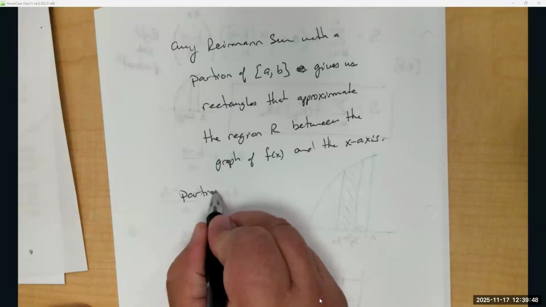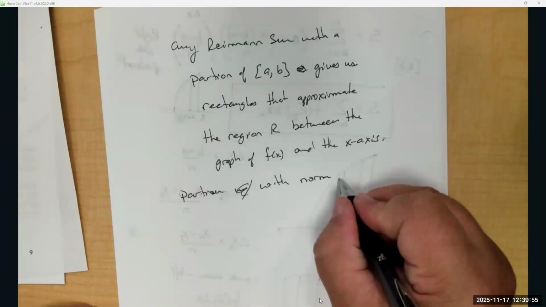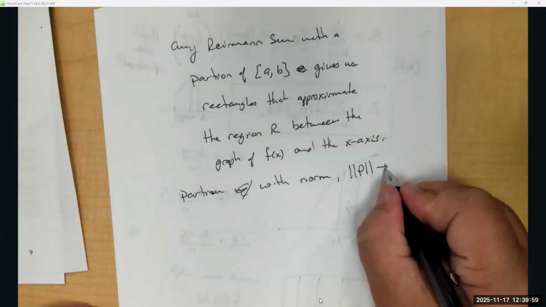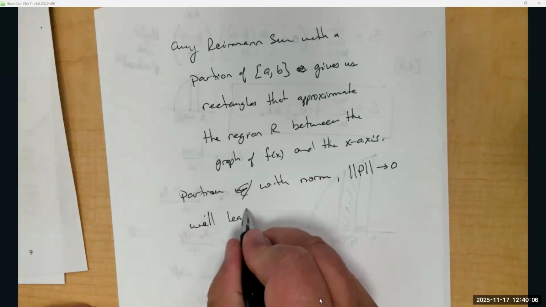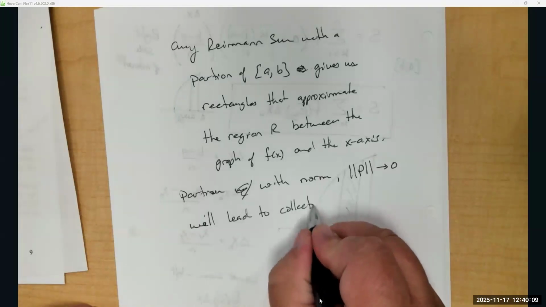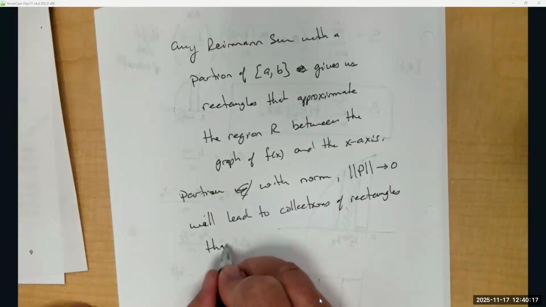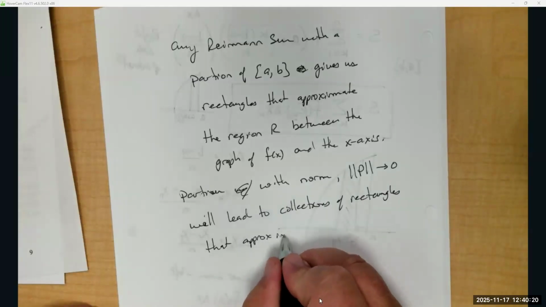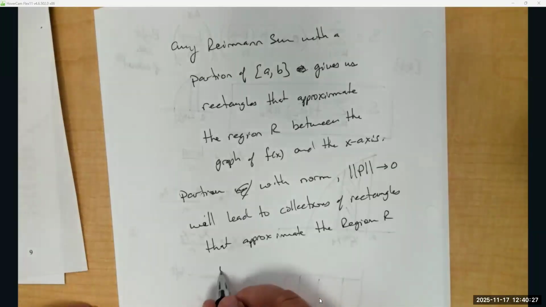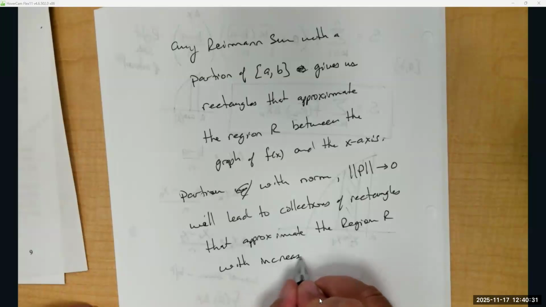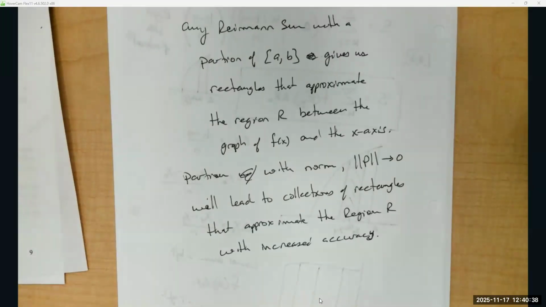And the partition with norm going to 0 would lead to collections of rectangles that approximate the region R with increased accuracy. Now, what does all that stuff mean?